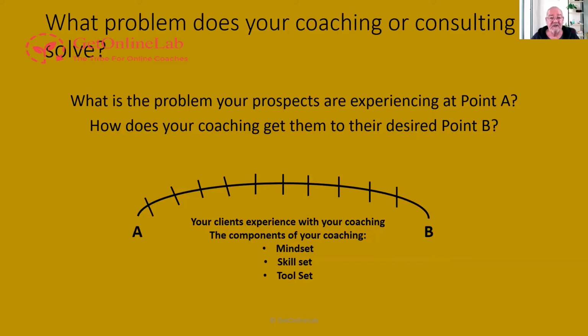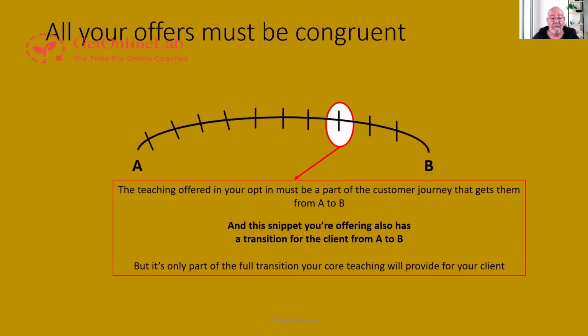If we look specifically at other applications, this could in itself be a promotional offer where you're talking about the entire transformational journey, or maybe your sales letter is to get your clients to sign up for a snippet or just a segment of it. But it's important to remember that all of those vertical lines are pieces in the puzzle, so all of your offers must be congruent.